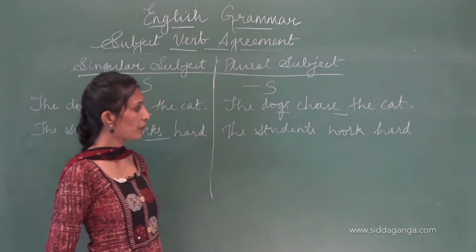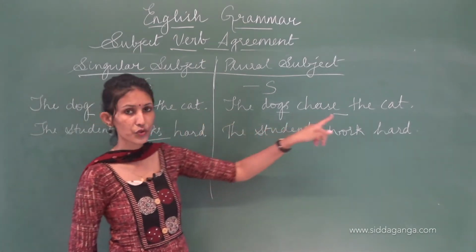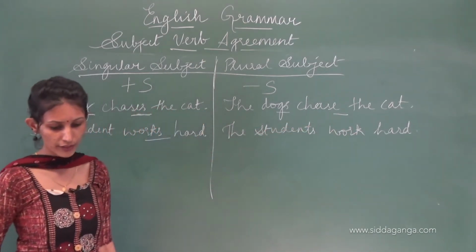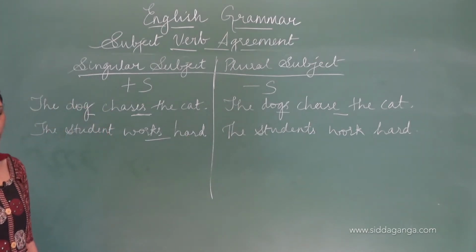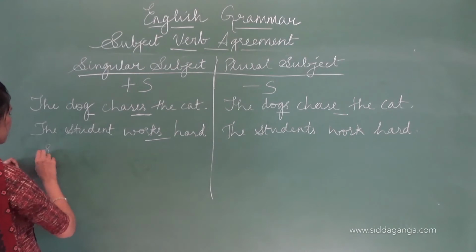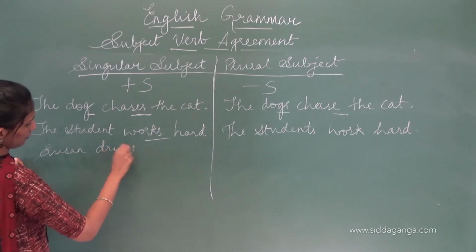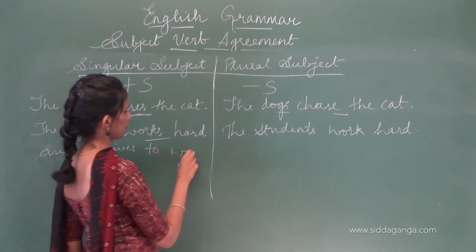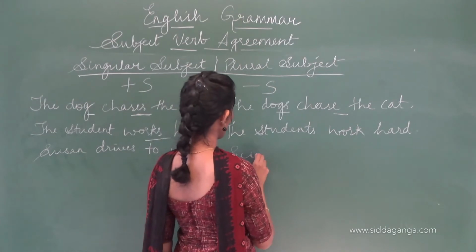So I'm hoping you're figuring this out. The student works hard, the students work hard. I'm going to give you one more example. Susan drives to work. Okay, here a plural subject.